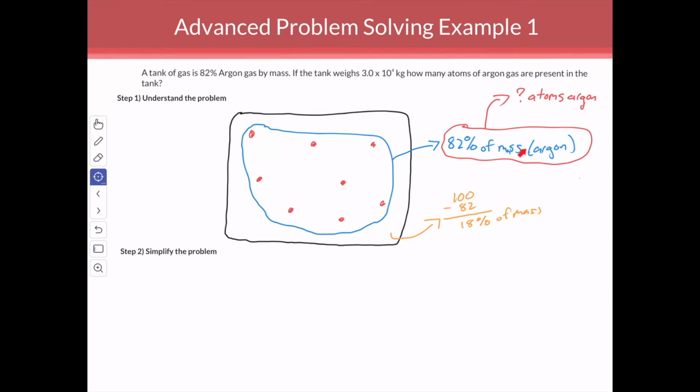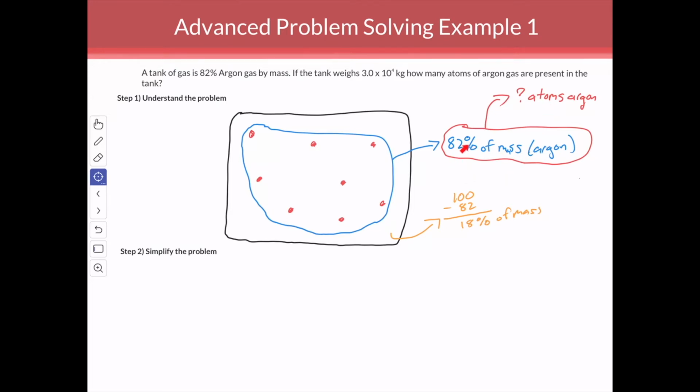I'm going to need to get the mass from the periodic table. So I'm going to need to do a mass to mole calculation, and then a mole to atom calculation.